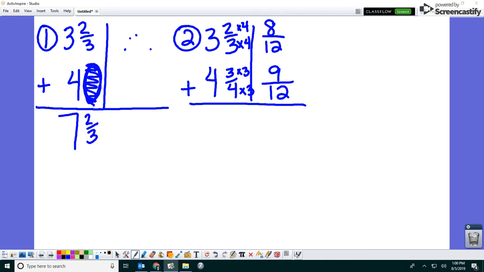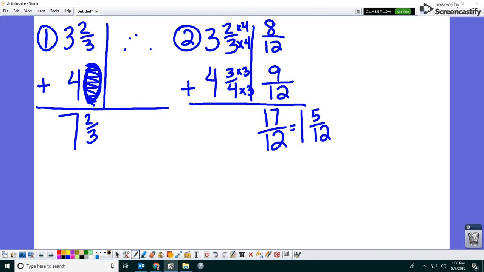And because we're adding, it doesn't matter that 8 is smaller than 9 and on top. And 8 plus 9 is 17. So we have 17/12. I'm going to pause right there because look, it's a fraction greater than 1. So I have to think for a minute. Okay, how many times does 12 go into 17? It goes in once. There's 5 left over.